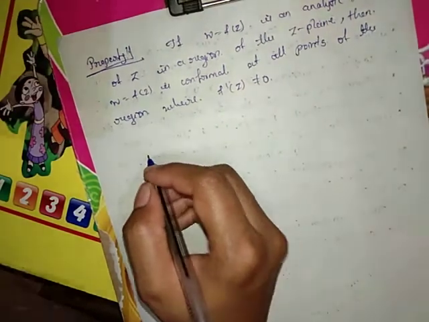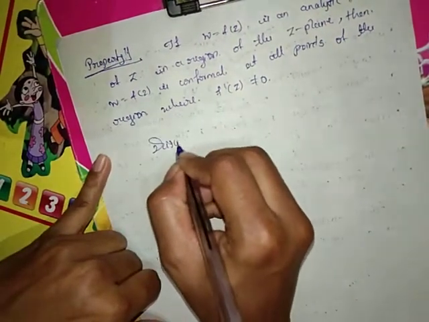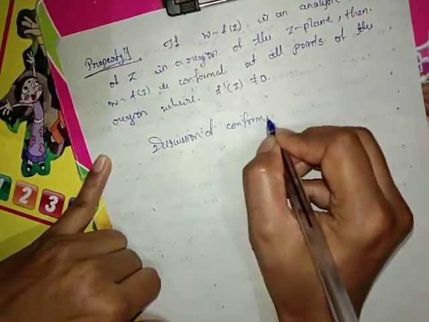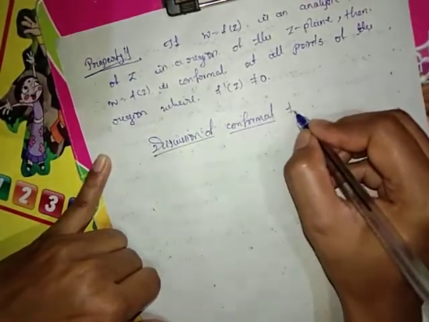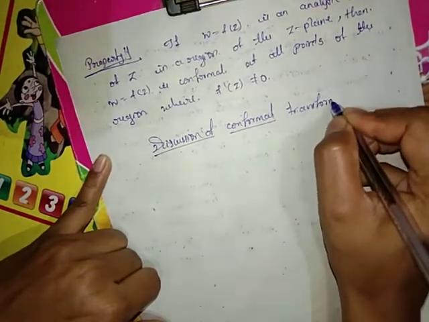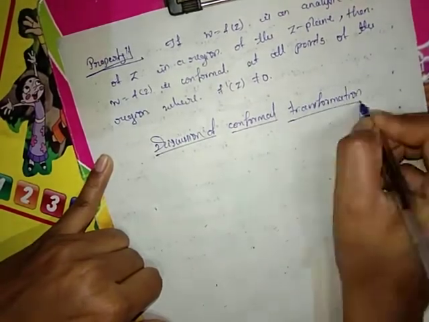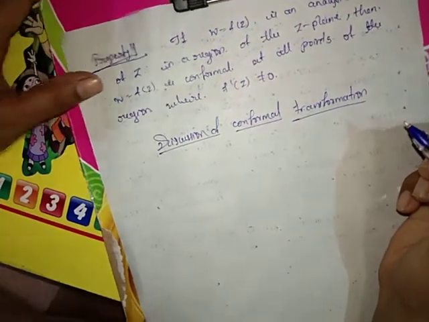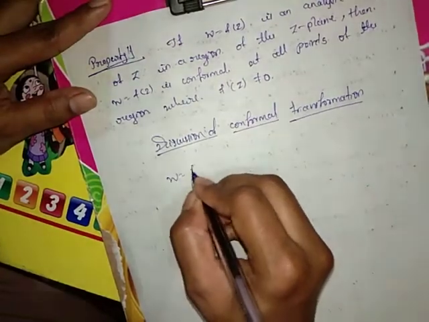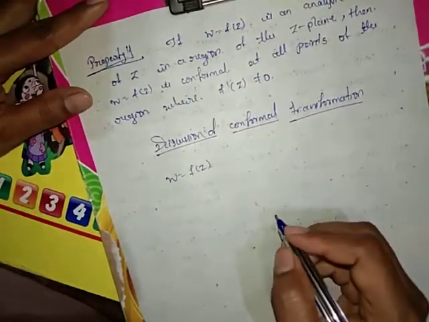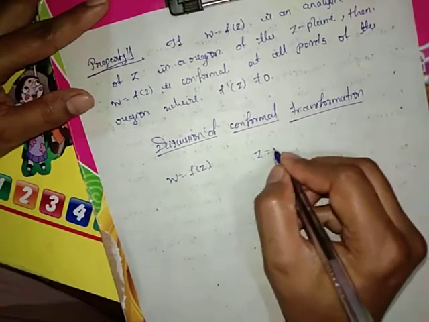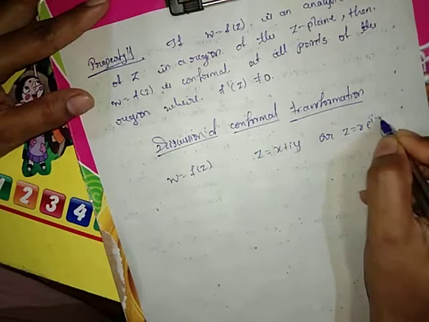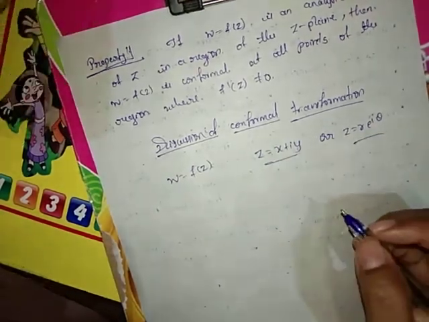The next topic is the discussion of some standard conformal transformations. In the discussion of conformal transformations, they give the transformation w equal to f of z, where we have to put a substitution, z equal to x plus iy or z equal to r e raised to i theta, that is, Cartesian and polar form.